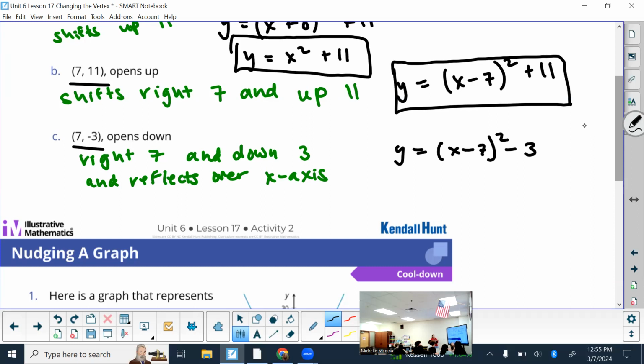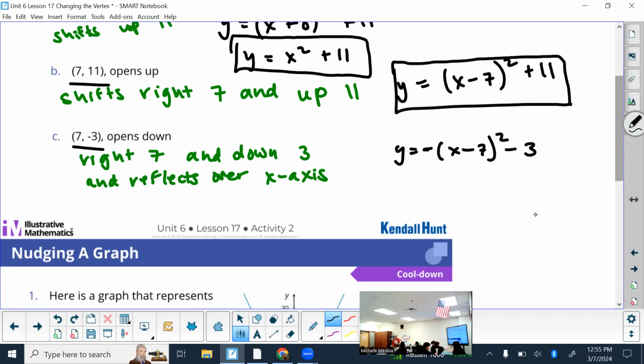What's one more thing that I need in it? A negative symbol in front of the parentheses right here, because it also opens downward, so it needs to have a -a. They didn't say anything about it getting more narrow or more wide. So we don't need to make a anything other than 1, but we do need to make it negative if it's going to reflect. Questions on that?